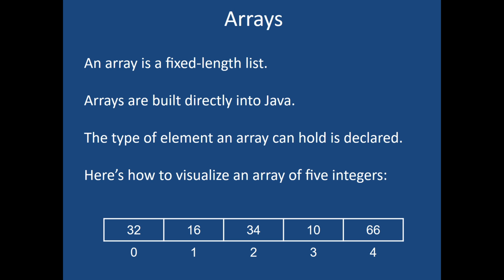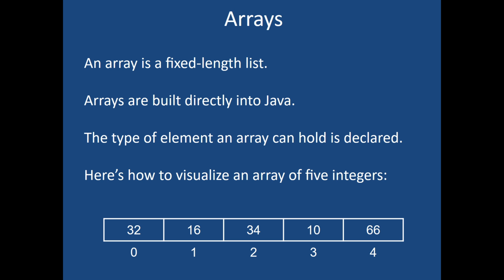So you can have arrays of ints, or arrays of scanners, or arrays of strings. And when you think about arrays, think about it the way this diagram shows. This is meant to be an array of 5 integers. This array contains the integers 32, 16, 34, 10, and 66. And the numbers down below, 0, 1, 2, 3, 4, those are the indexes into the array.